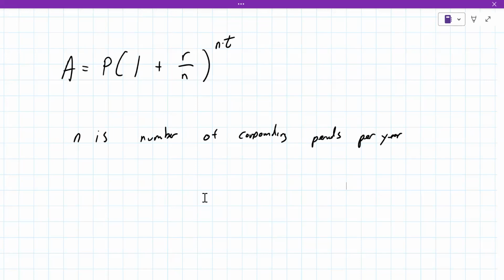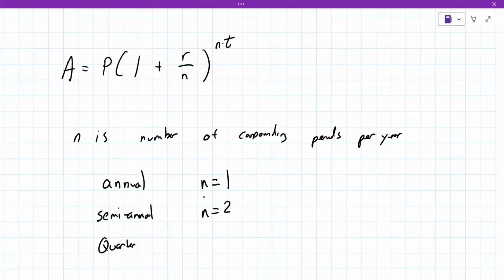Okay. Now, more important than the definition are the actual values of n that you might have. We start out with the word annual. Annual means that n equals 1. Semi-annual means that n equals 2. Quarterly is n equals 4.